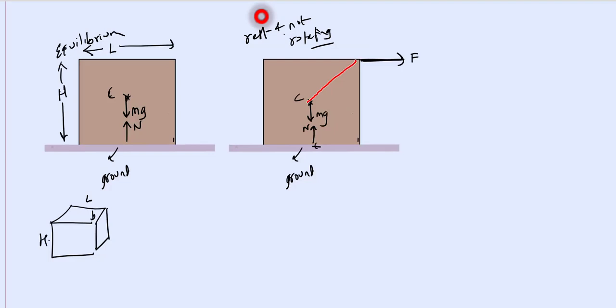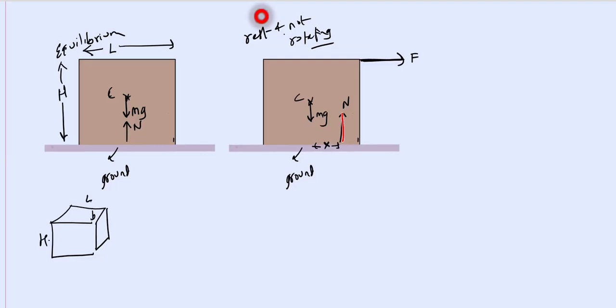So what actually happens practically is that the normal reaction, which we assumed would pass through the center of mass, in fact will not pass through the center of mass. Then where does it lie? It will shift like this. It will act somewhere here. So let this distance be x here. This is the normal reaction.